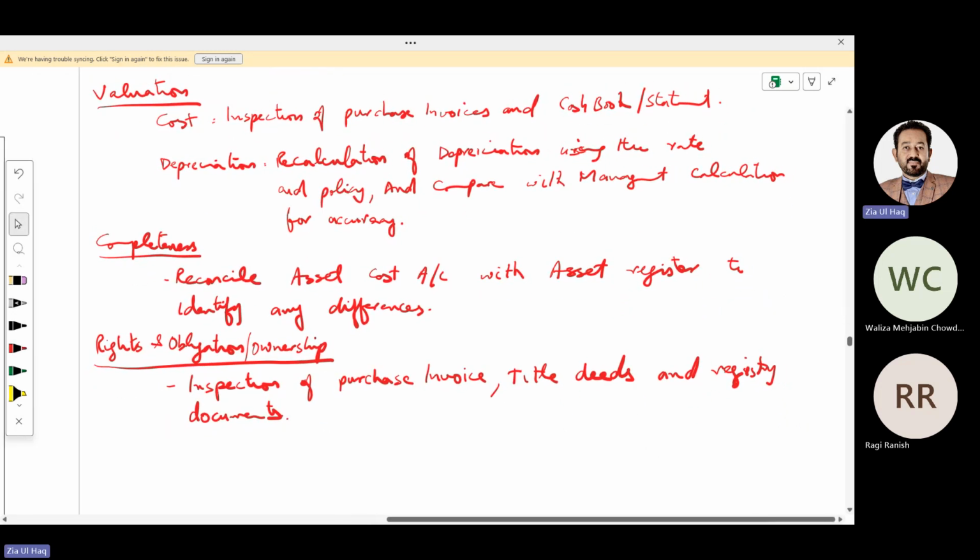Because if it is in the company's name, this means the company has ownership. Through invoices, if the company has paid the full amount, the company has ownership. If the company hasn't paid the full amount, this means it is leased. So we need to show the asset as well as the liability.